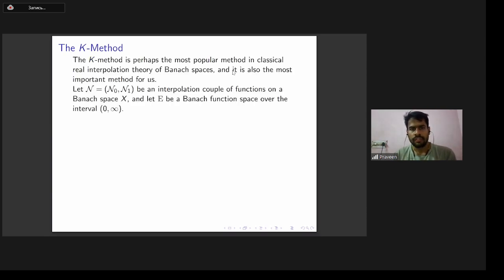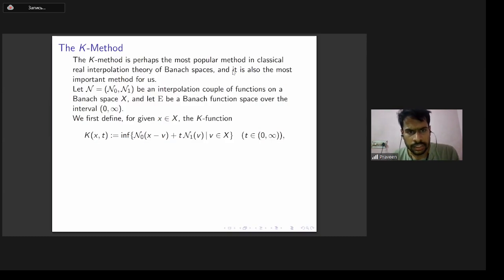So if we take any interpolation couple of functions, that is, a pair of two measurable energy functions N0 and N1, and we take E a Banach function space over R plus, then we define a K function corresponding to this interpolation couple at any point x of the Banach space X as the infimum of N0(x minus v) plus t N1(v), where v varies over all the members of the Banach space X.